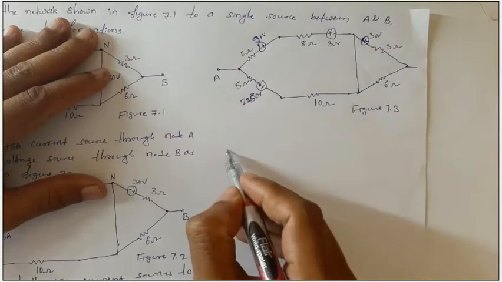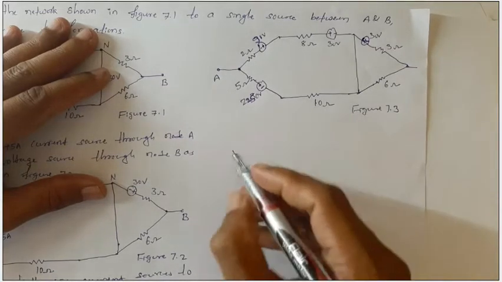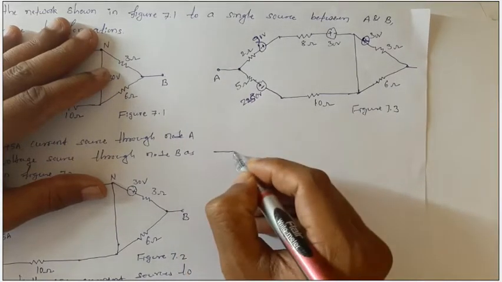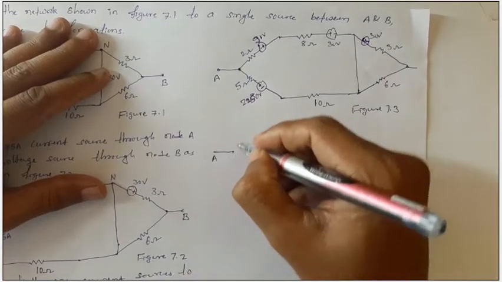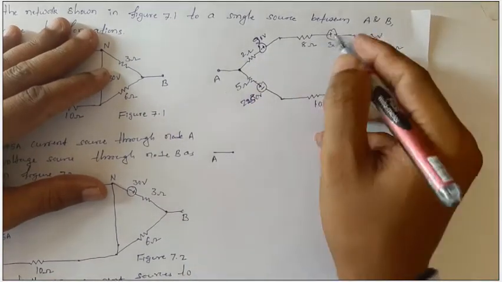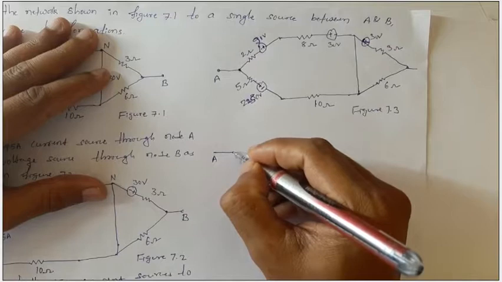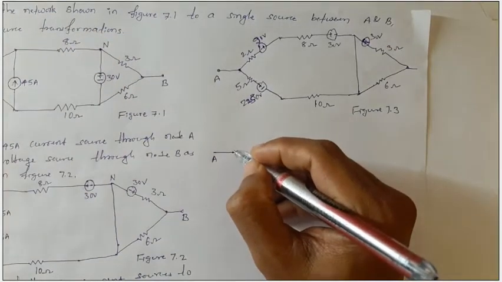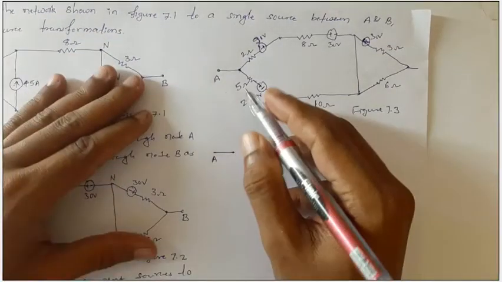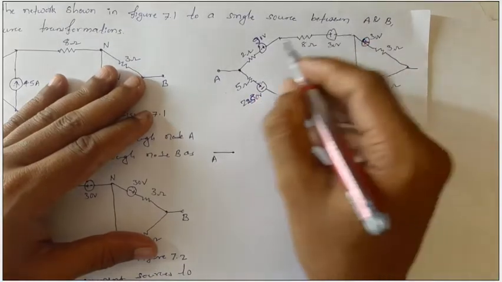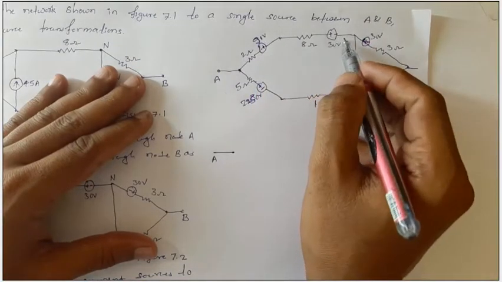I'll directly redraw the circuit between A and B. So this point is A. Now say here, both the resistors I'll add up to form a single resistance, and these two voltage sources, this is 30 and this is 60, this is minus plus, this is plus minus.